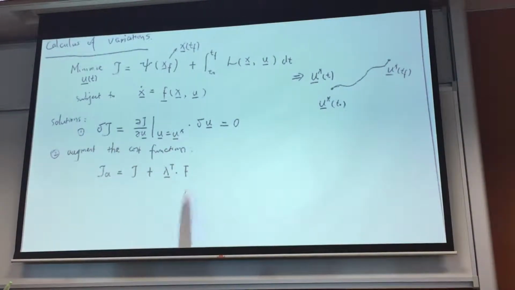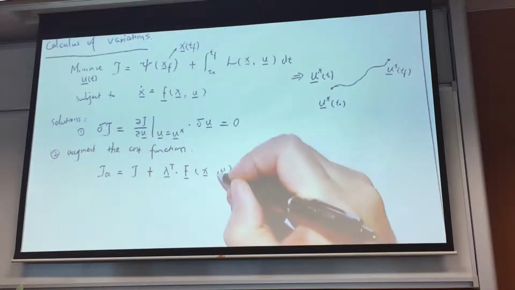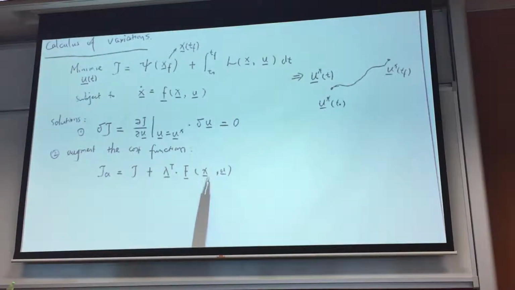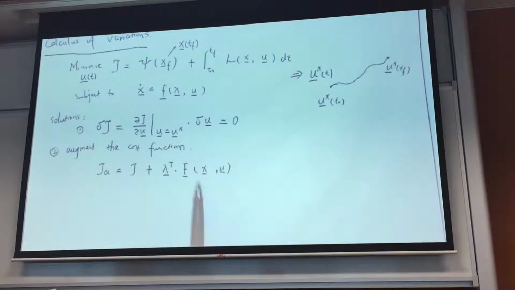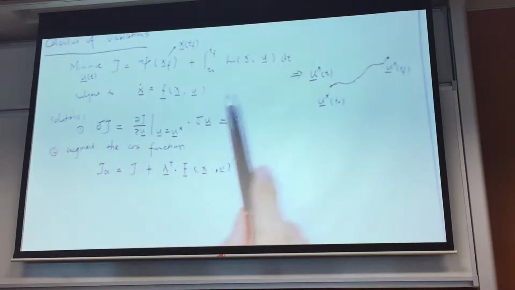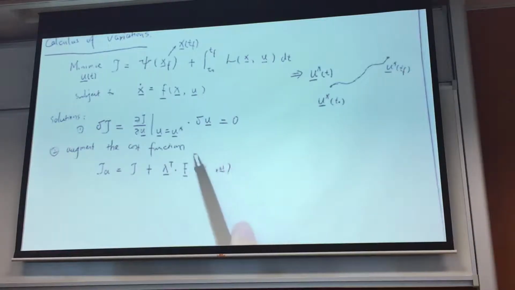I define another function, this capital F, in terms of the state vector and the control input. I define this new function because if you recall our derivation in the constrained optimization problem, we always have a function f equal to 0, so we define this new function to simulate that.